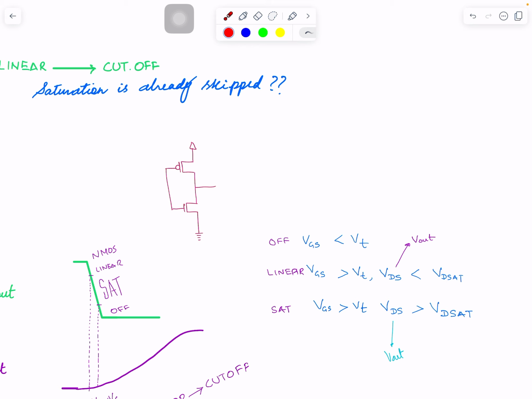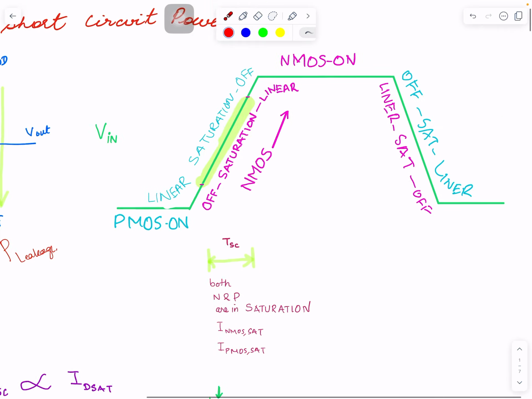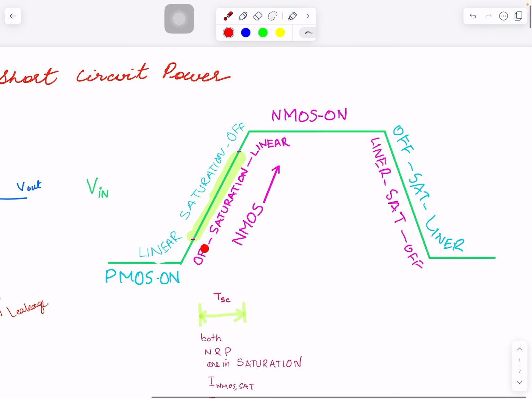But think of this as a lower drain to source voltage. The transistor is in saturation, and then when you keep lowering VDS, eventually it gets lower than VDSAT, then it gets into linear. So exactly this thing is happening. It's off, goes into saturation, goes into linear. This goes into linear, saturation, off.